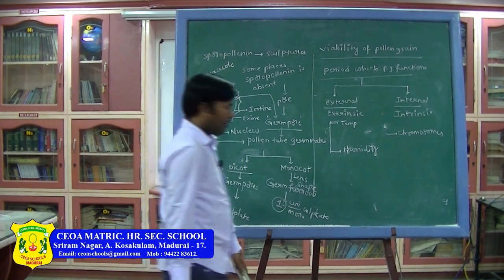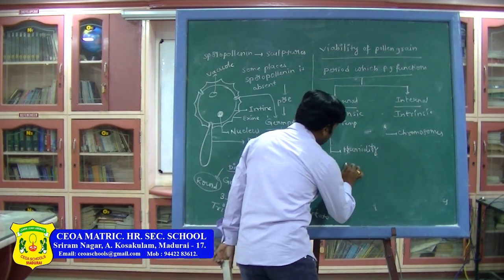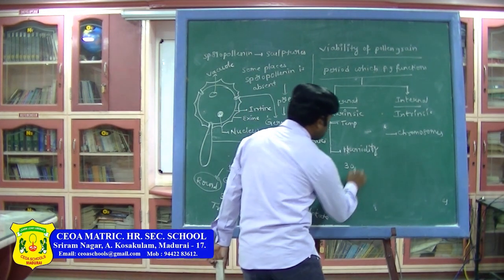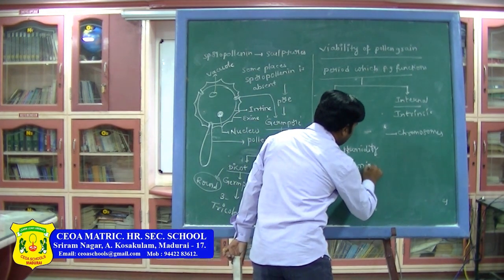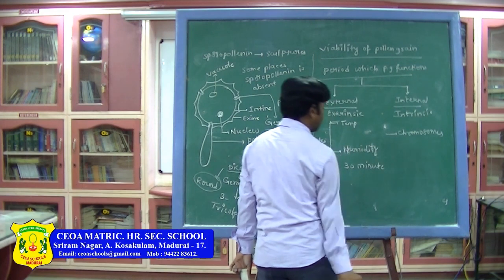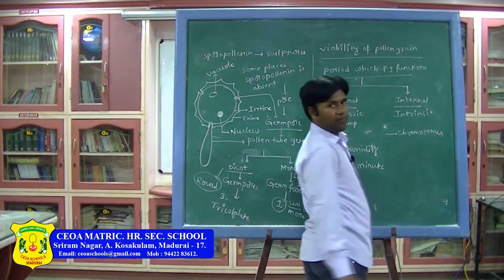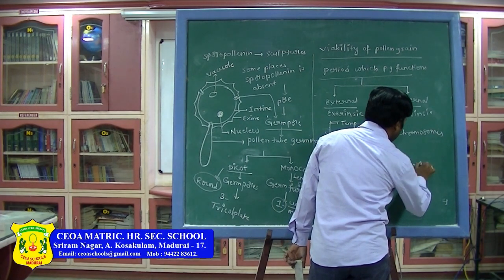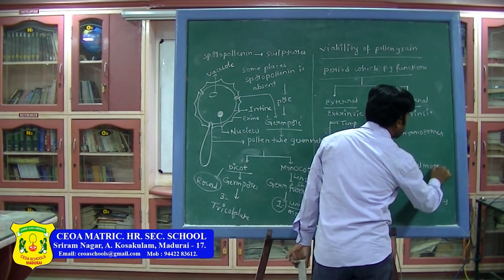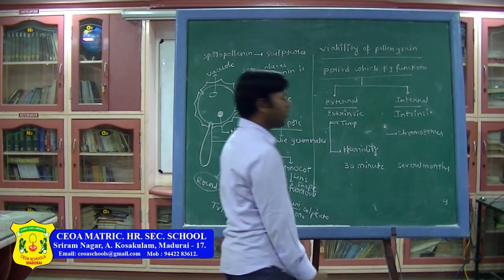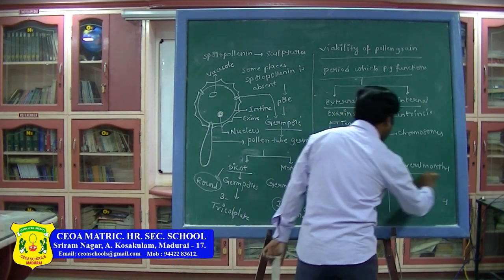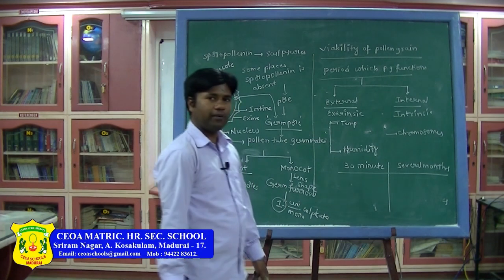See, in some plants the viability of the pollen grain is just 30 minutes. In some of them it is several months. Where do you observe 30 minutes?